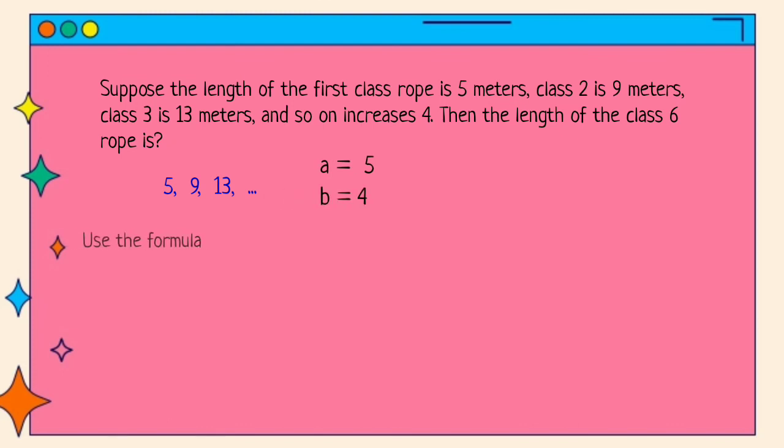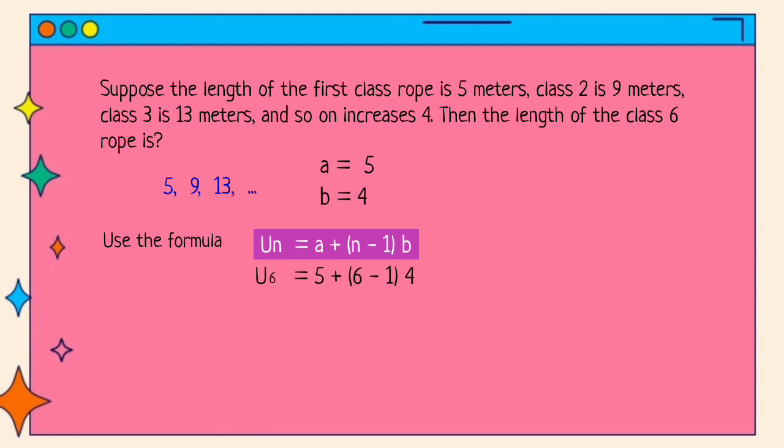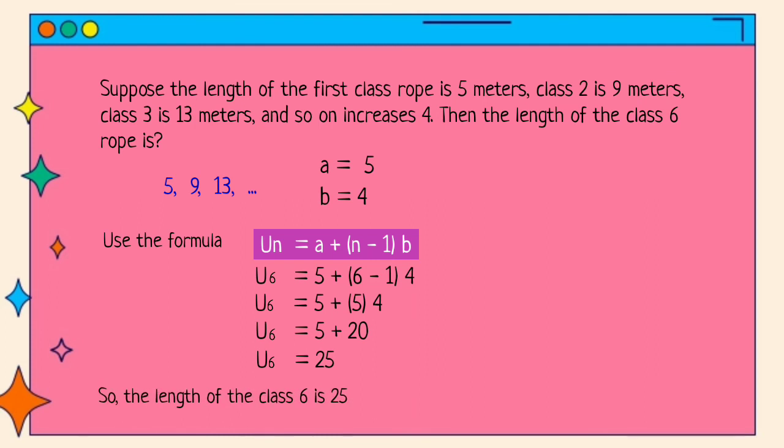Then we use the formula u sub n equals a plus quantity of n minus 1 times b. It becomes u sub 6 equals 5 plus quantity of 6 minus 1 times 4 equals 5 plus 5 times 4 equals 5 plus 20 equals 25. So, the length of the class 6 rope is 25.